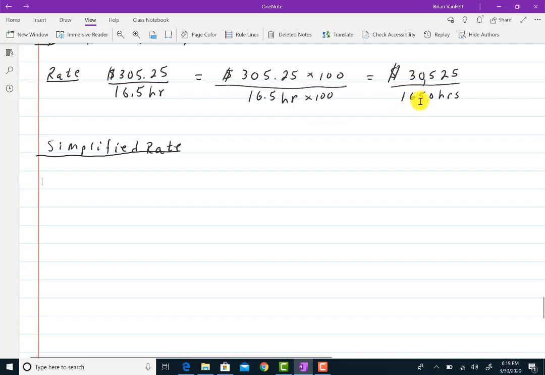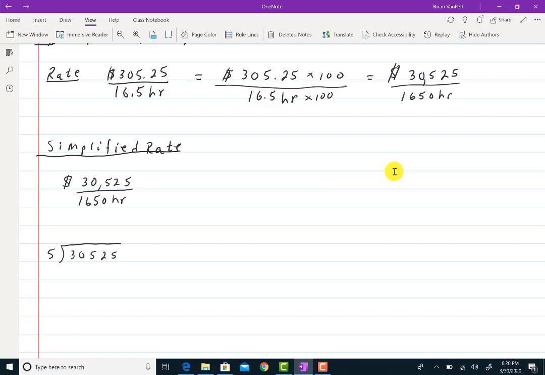All right, for the simplified rate, I just want to simplify this as a fraction. So we're going to start with the 30525 divided by 1650 hours. So I'll just write HR. I don't know why I put an S at the end of it. Nobody ever does that. So let's see what goes into what. I know that 5 goes into both the numerator and denominator. So let me check. 5 into 30525. 5 goes into 30 6 times.